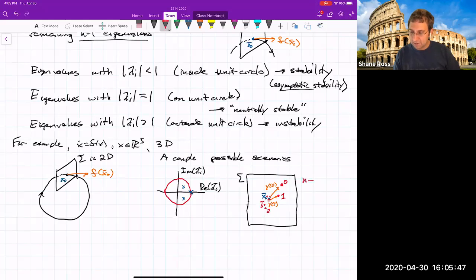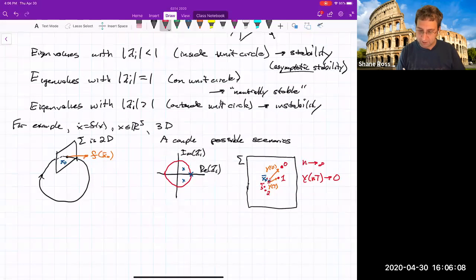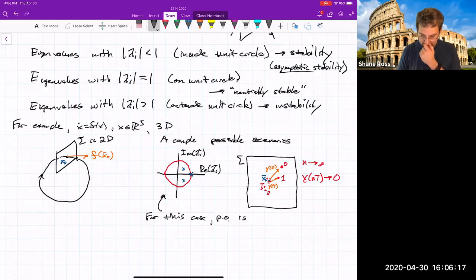As n goes to infinity, y_n goes to 0, shrinking. Y going to 0 means the perturbation away from the periodic orbit is going to 0, which means the periodic orbit is asymptotically stable. So for this case, the periodic orbit is asymptotically stable.